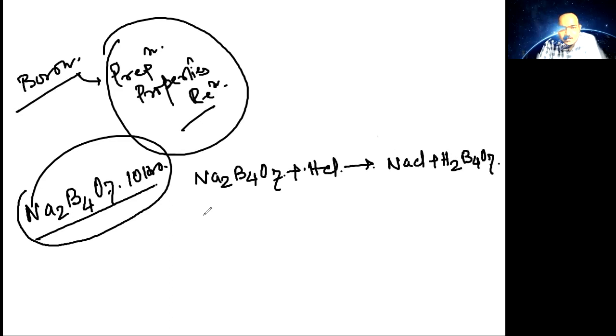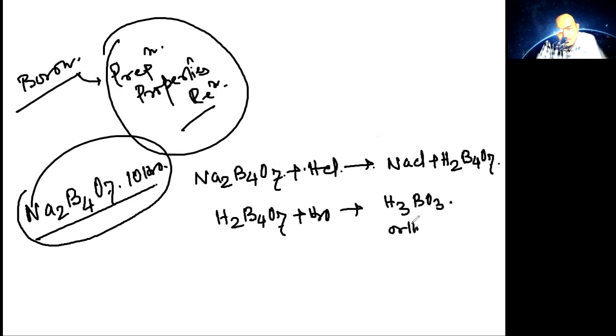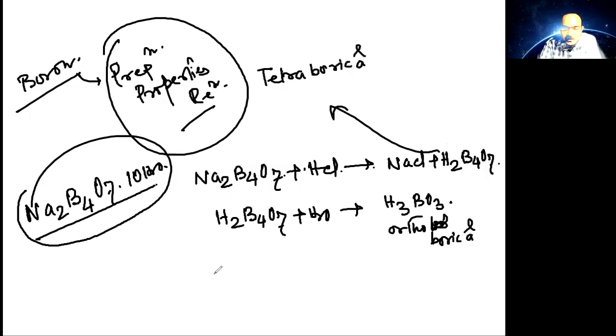Whenever this H2B4O7 is treated with water, this will produce H3BO3, orthoboric acid. This is known as tetraboric acid. Now, this H3BO3 is heated strongly to form B2O3, that is boron anhydride.